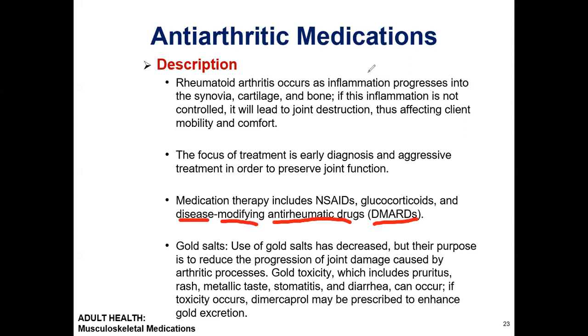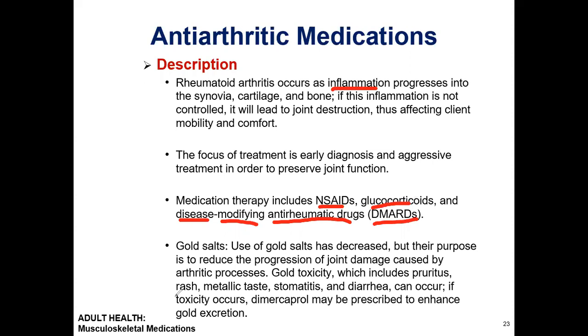As I told you, it is a chronic inflammation. So you see the NSAID has the effect to reduce the inflammation. Steroid, glucocorticoid, has the property to reduce the inflammation. Also, the DMARD, disease modifying agents, also reduce the chronic inflammation.